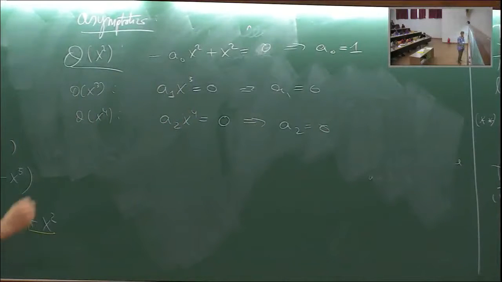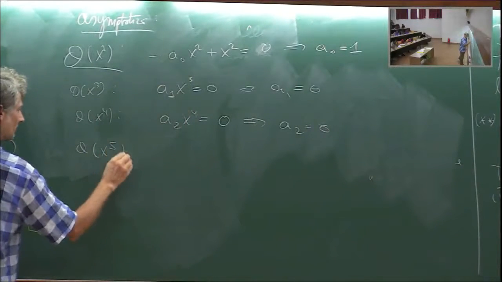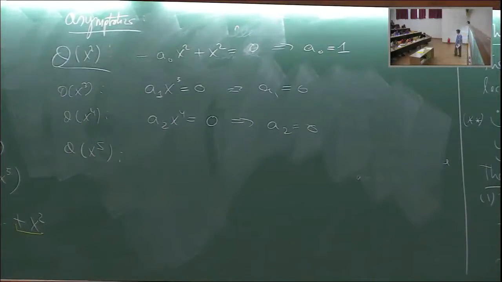Okay. So now at order x to the 5, we get our first non-trivial correction to the lowest order approximation. So where are the fifth order terms? Well, there is one here. And what's fifth order? It's a combination of x to the 4 with x. And that's it. Oh, and there's one here, minus x to the 5.